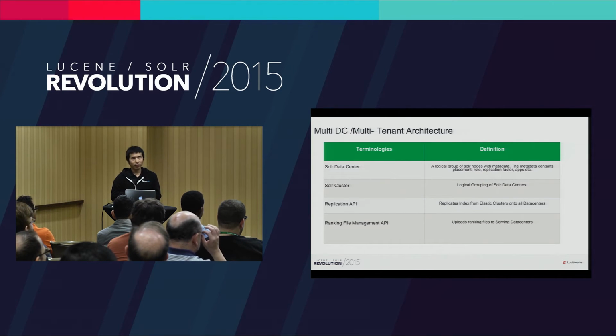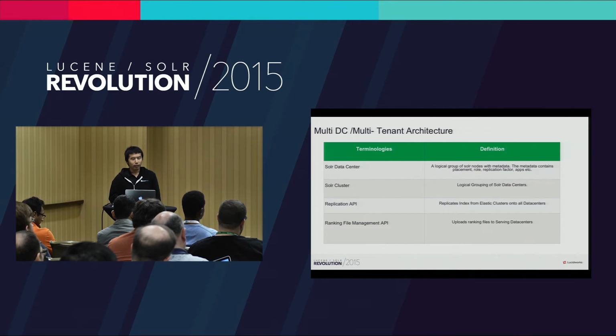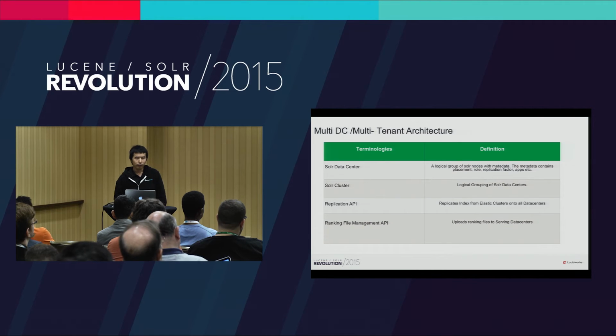inside the same Solr cluster, and you can have multiple clusters. One for production, one for development or customer integration. And also the replication API is the cornerstone for all this to happen.